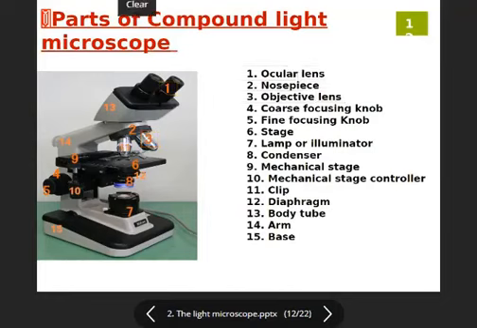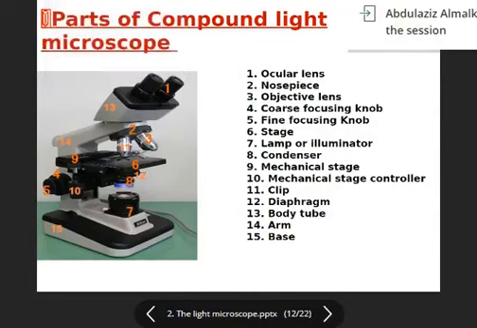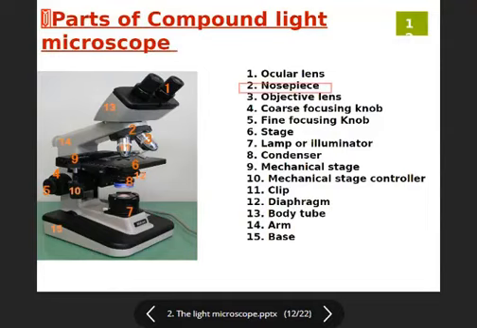Okay. Now number 2, the nose piece. Where is the nose piece? This is the nose piece. Can you see the nose piece? What is the function of the nose piece?